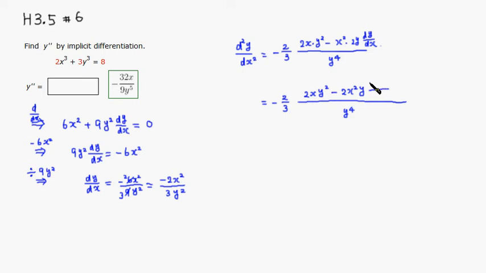which is actually this guy. So it's negative 2x squared over 3y squared. Right? So let's simplify.